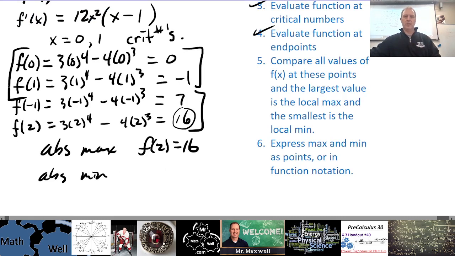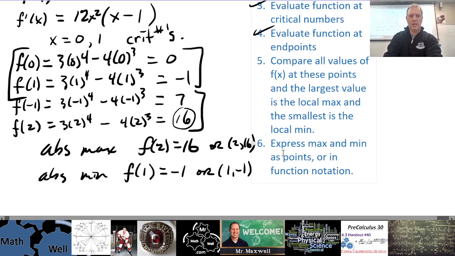Looks like this -1. And so f of 1 being -1. So we compare all the values of the f of x's from the local max and mins and the endpoints, and the largest is the max and the smallest is the min. Express the max and min as points or in function notation. So this would be function notation, or here's the points, 2, 16, and this one, 1, -1.